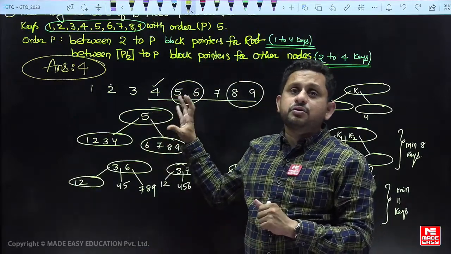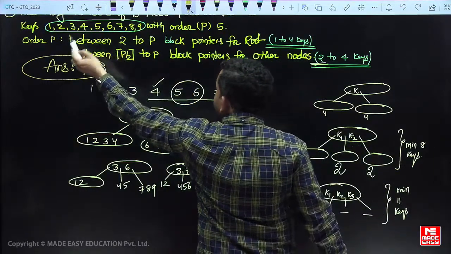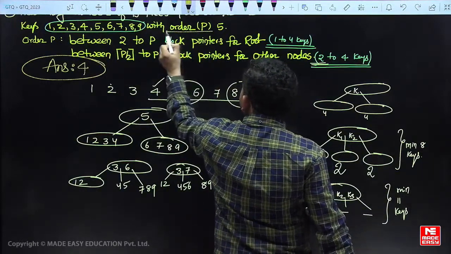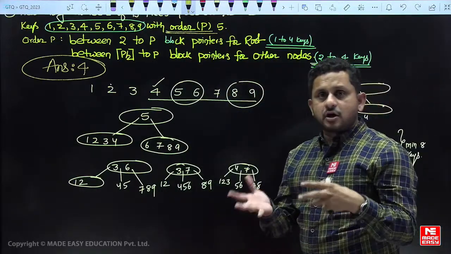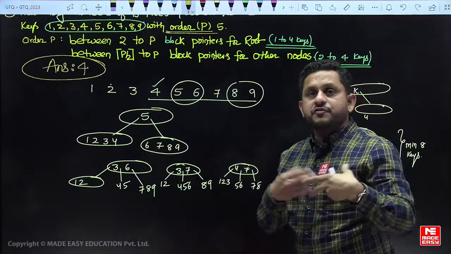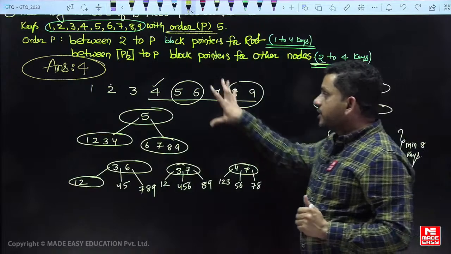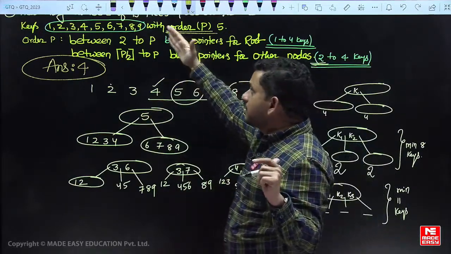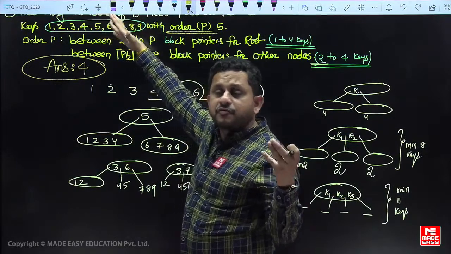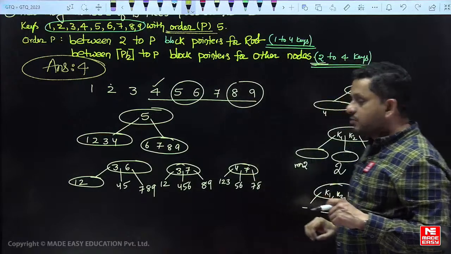But there is no such simplified formula for B trees, because it depends on the order also, so we can't generalize. A lot of different possibilities depend on the order, so we need to check them manually. They may give fewer keys also, like 4 5 6 keys, and ask how many possible trees. So hope it is clear.